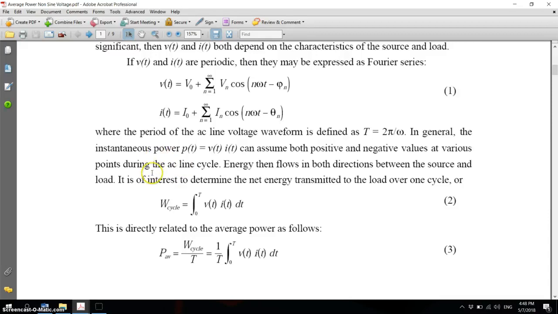That gives you the energy transmitted to the load over one cycle, and then you can calculate the average power to the load, whereby the average power is always defined as the energy over one cycle divided by the period, the time taken for one cycle.